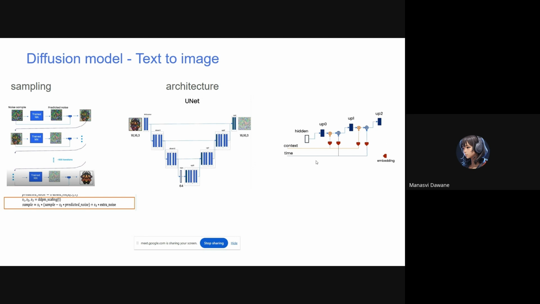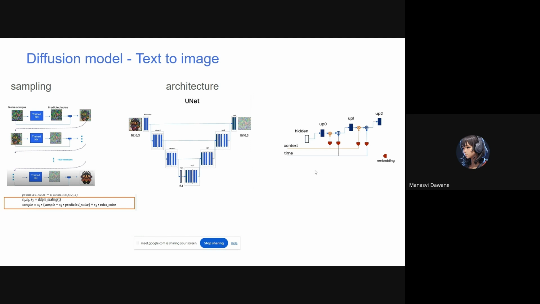In the third diagram, you can see embeddings. While upsampling, there are two embeddings we can use. The first is the context embedding, which helps you control what the model generates. For example, you can give it a prompt like bird flying, or generate Fred or generate Bob. By giving a text description, it gets an idea of what to generate.